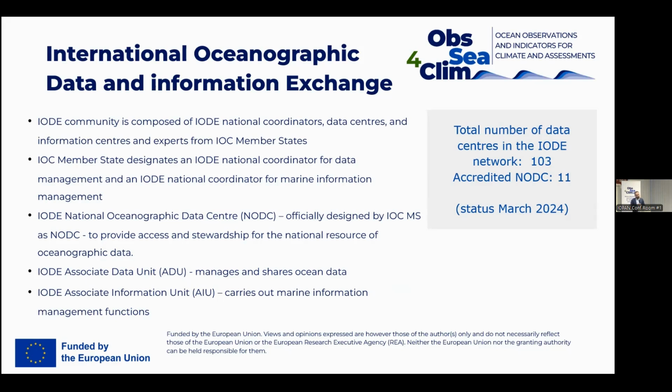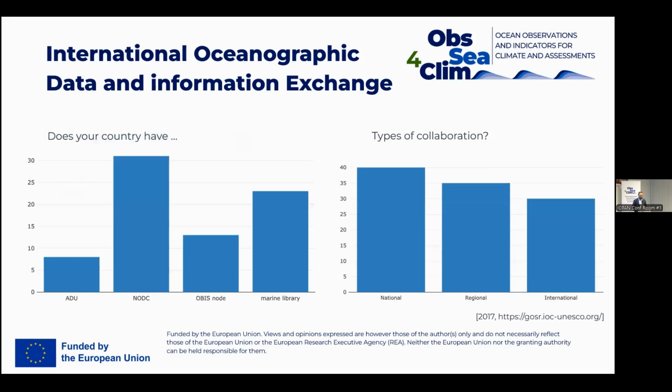But in parallel, you may also have some Associate Data Units or Associate Information Units that can support and provide complementary facilities in order to implement data management and data sharing.